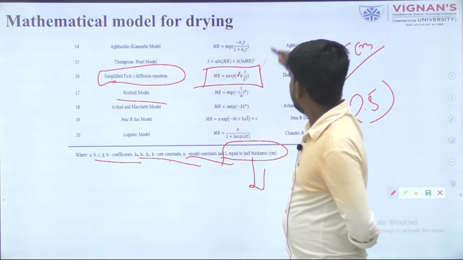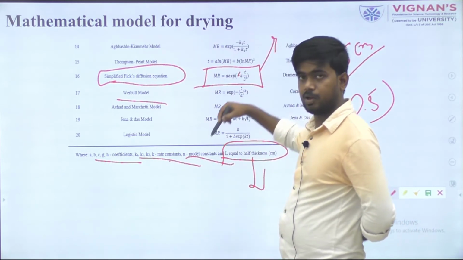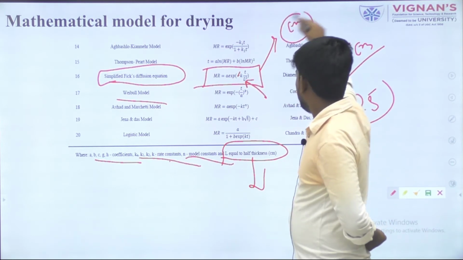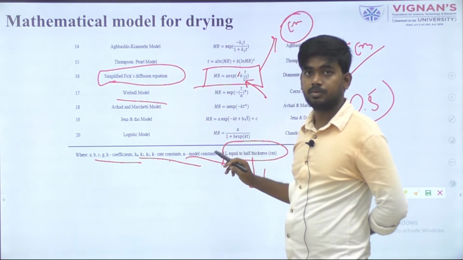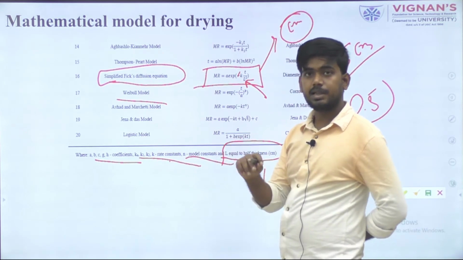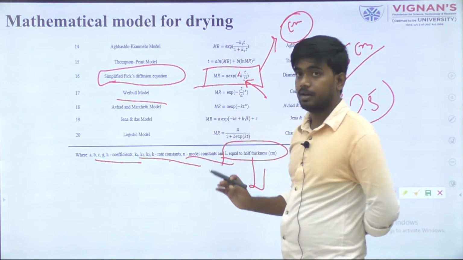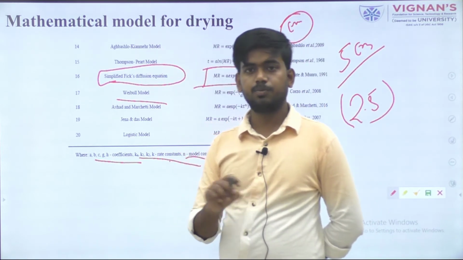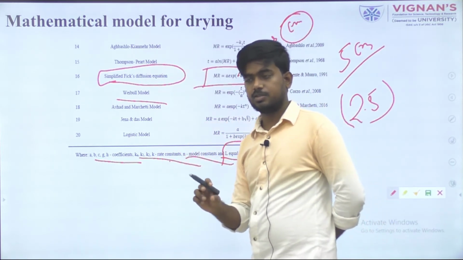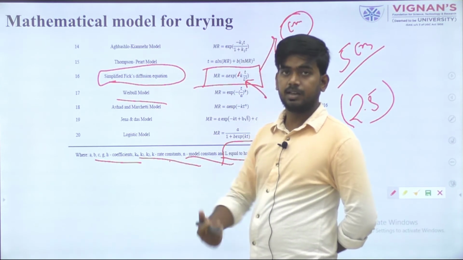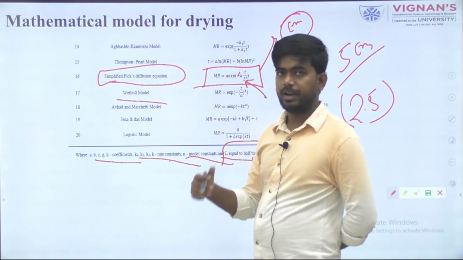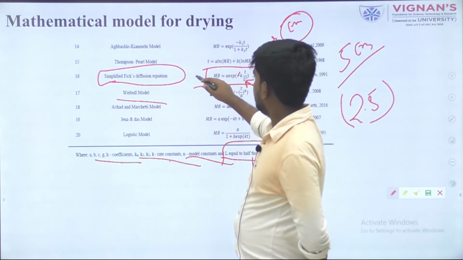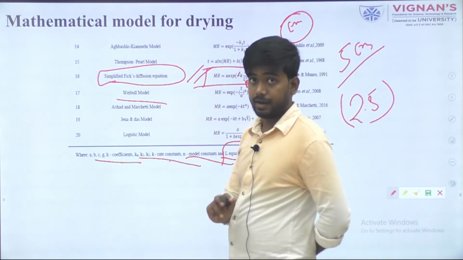If they directly mention the half thickness value, then it is okay. If they do not mention the half thickness and simply write the thickness value of the material, then you need to divide it by 2 and write the value in centimeters. Then only you get the right answer.